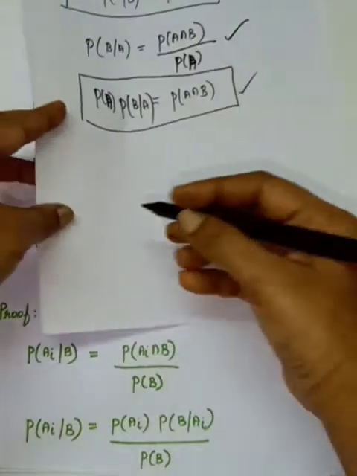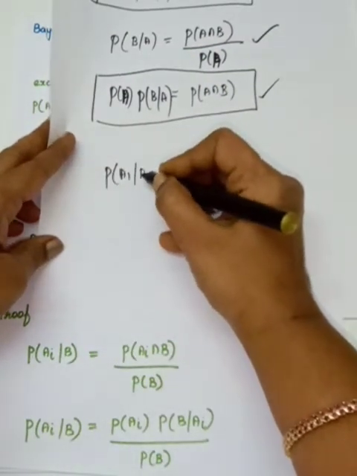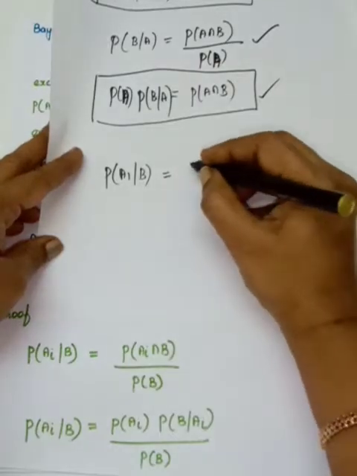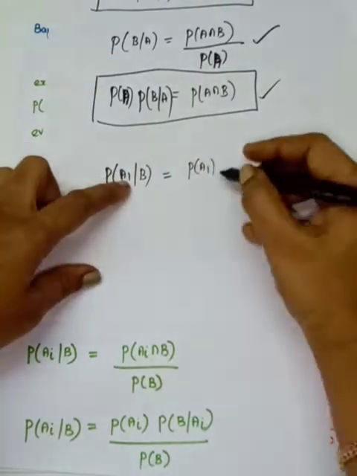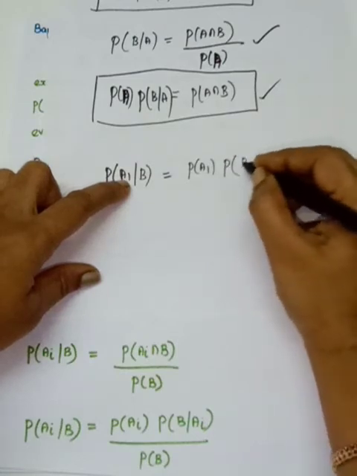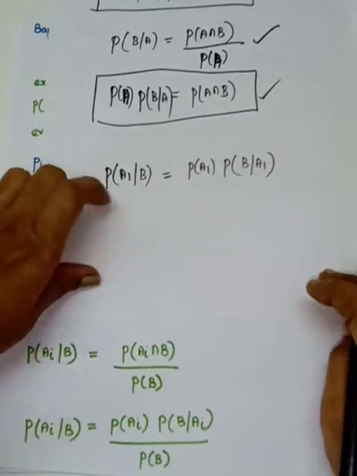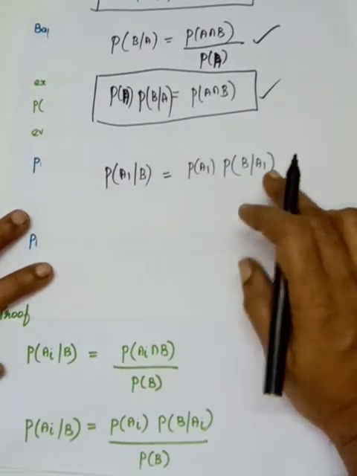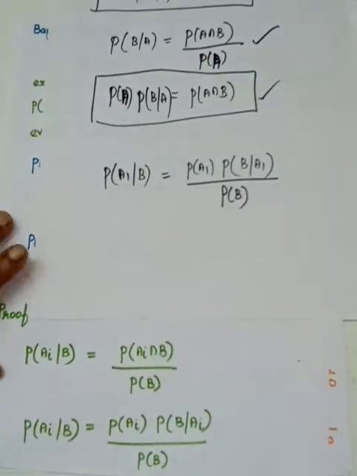So just remember that P of A1 by B can be written as, numerator term, P of A1 into P of B by A1, divided by the total probability P of B. This is called the Bayes theorem.